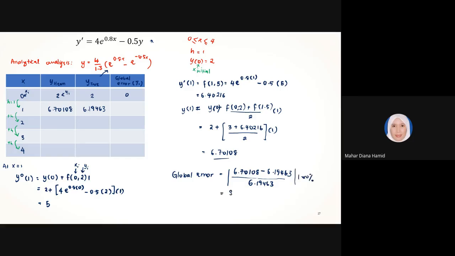You will get 8.2%. So this would be 8.2.